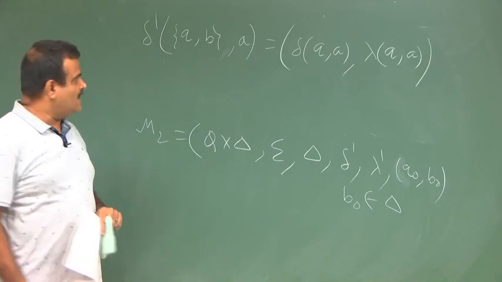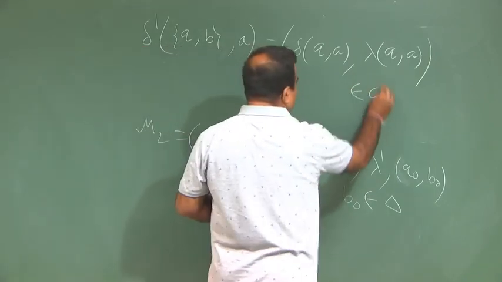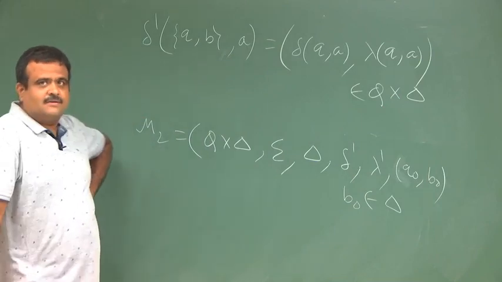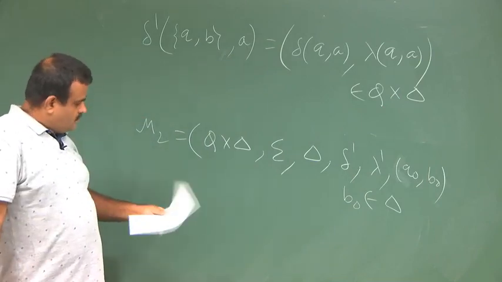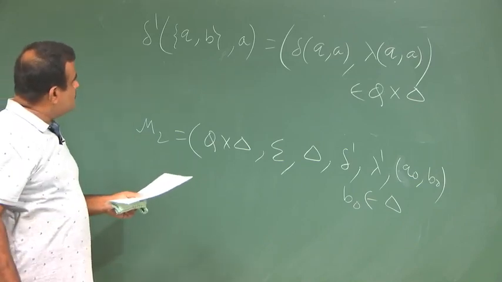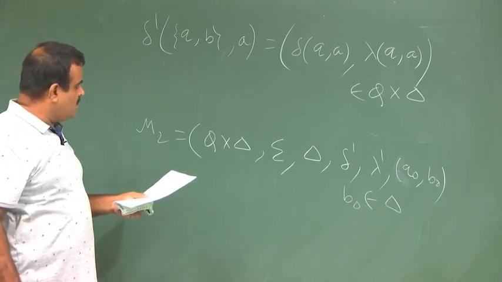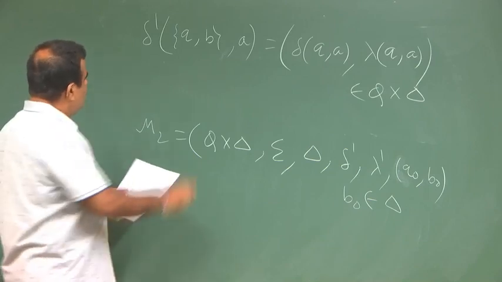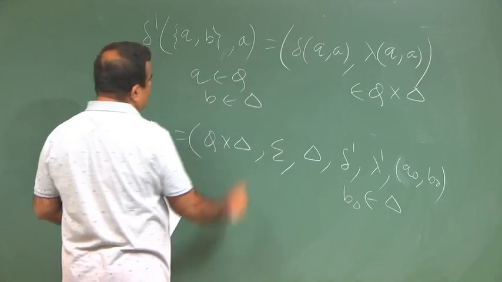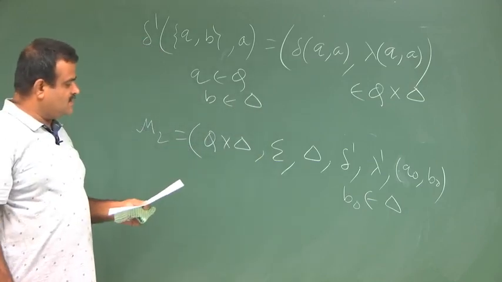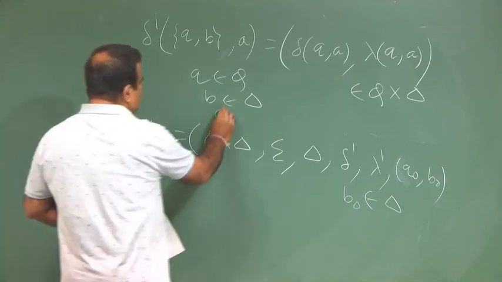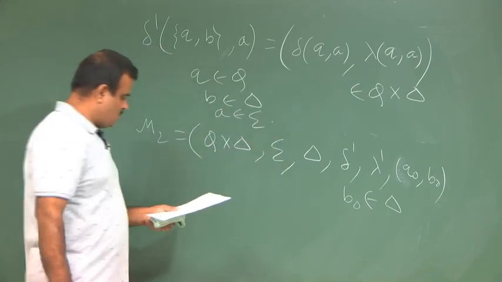This is again a subset of Q cross the output alphabet set. Here q comes from the state set, b comes from the output alphabet set, and a is an input alphabet. So, this is the way we define this.